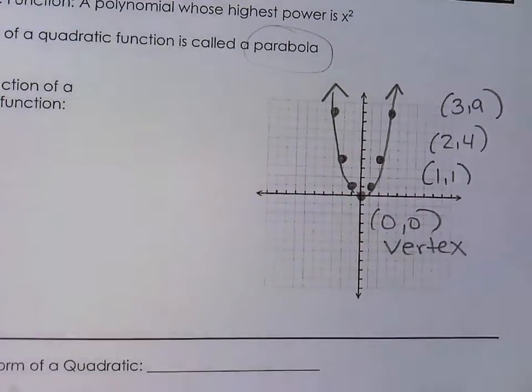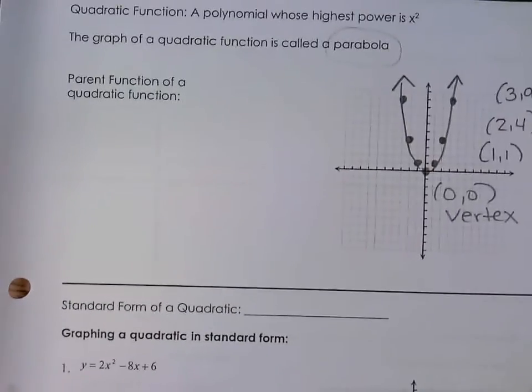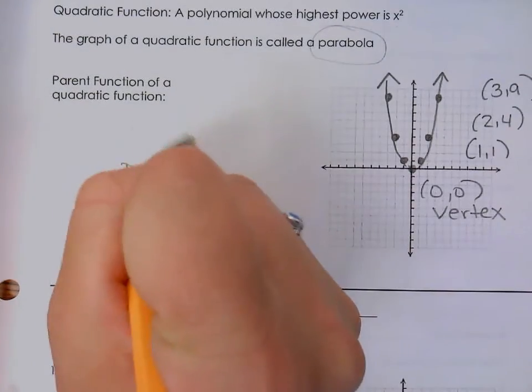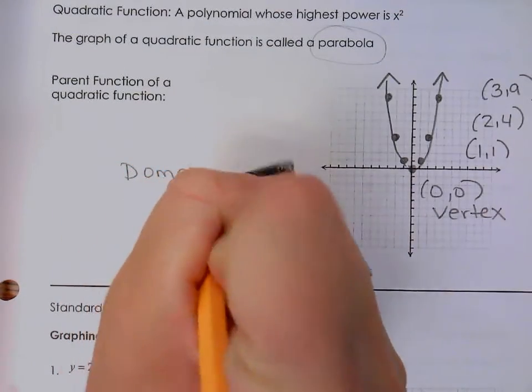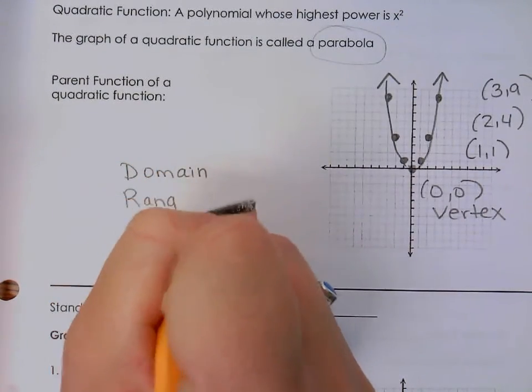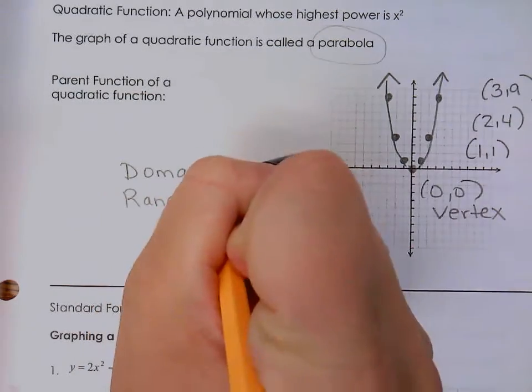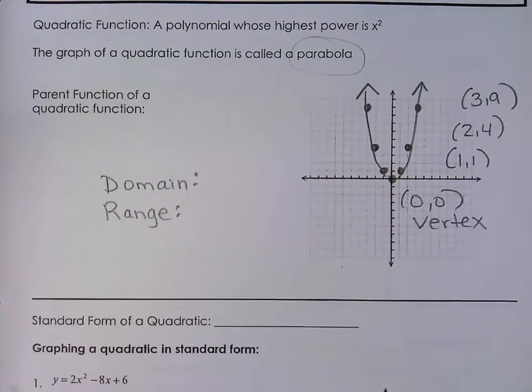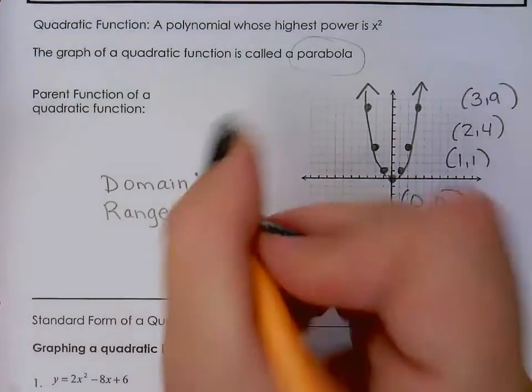And I'd also love for you to write down the domain and range for a quadratic, just so we have it again, even though it's on our parent function page. At least we've got this other resource page emphasizing domain and range. What's the domain of a quadratic function? Infinity, or all real numbers, is a better way to say it.